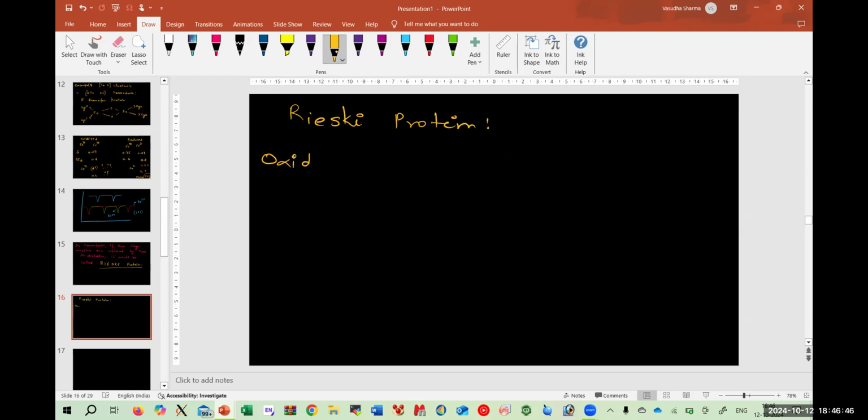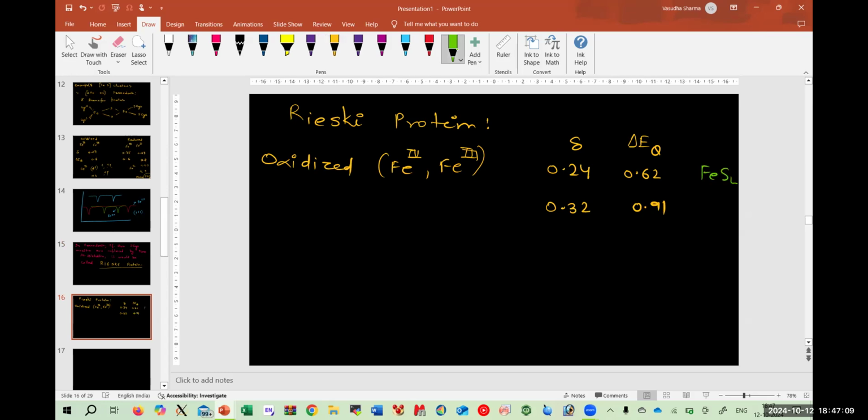In Rieske protein, the oxidized form, which is your iron 3, the delta values are 0.24, 0.32, delta EQ is 0.62, 0.91. Why are they different? This is for the FeS4 system here, and this is for the FeS2N2 system.